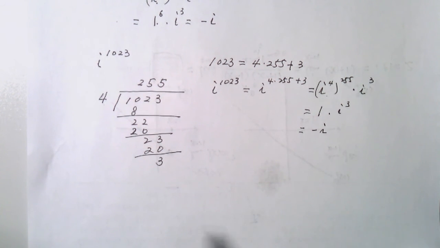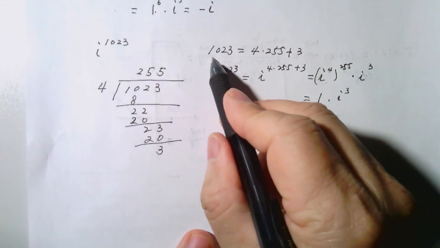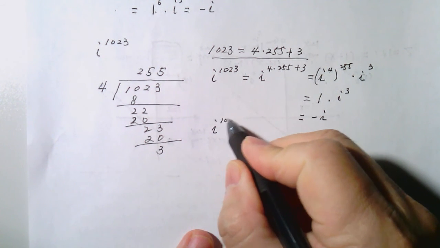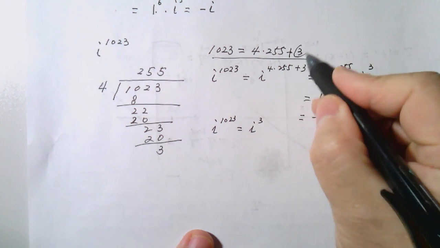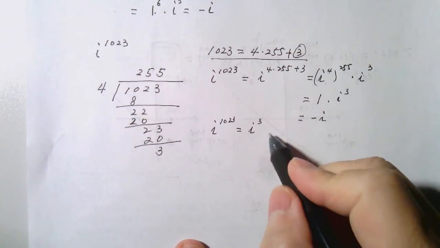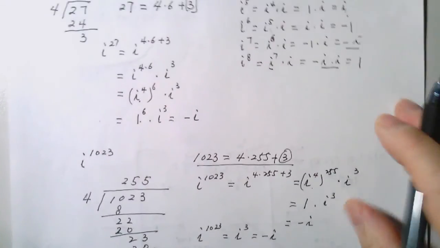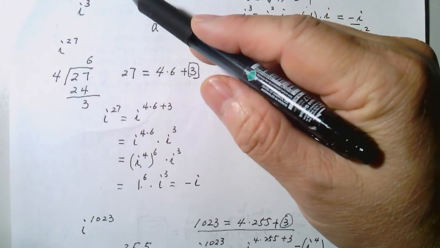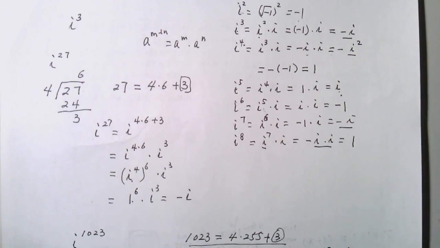Actually, if you don't want to write this out, after you've done the division you can directly say i raised to 1023 equals i raised to the third. Then you can get that this is negative i. So that is how we use the period of i to evaluate powers of i. Okay, so that's the end of this video.